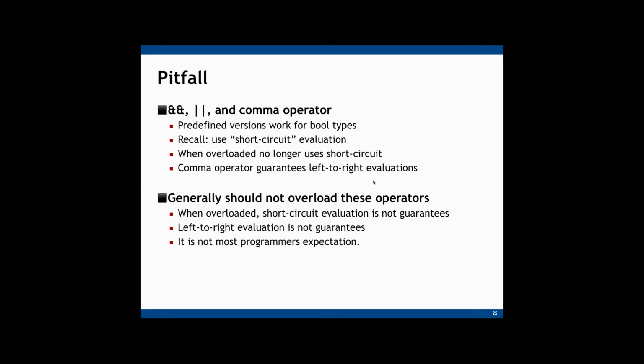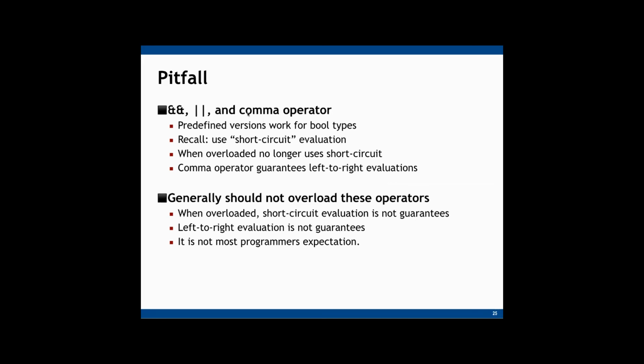These are the things that most programmers already know, and they think that these properties, the short circuit evaluation and left to right evaluation, are guaranteed by these operators. So they will develop the code based on these guarantees.